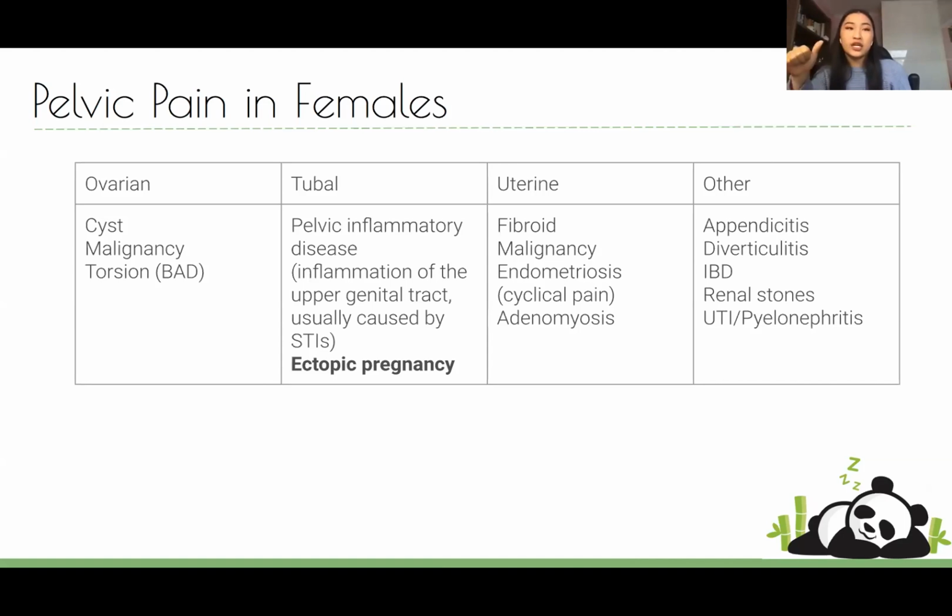So including GIT, appendicitis probably being the big one if you're thinking right side, diverticulitis being the big one if you're thinking left side. And then urinary stuff as well, renal stones, UTI, all of that. So when someone presents with pelvic pain, if you're doing a history, you need to do systems review from everything in the pelvic region. So repro, genitourinary, GIT.